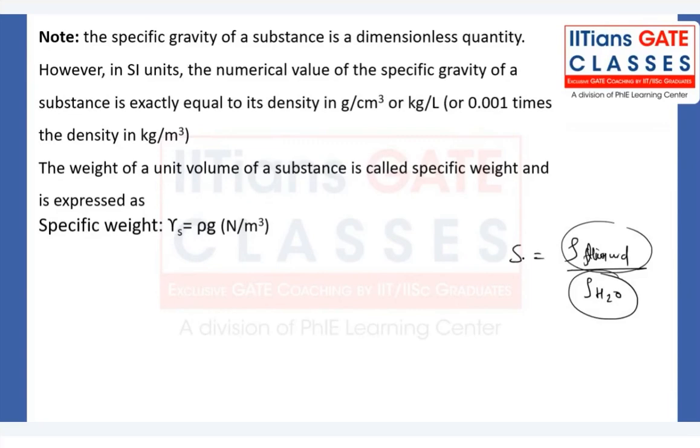However, in SI units, the numerical value of the specific gravity of a substance is exactly equal to its density in gram per centimeter cube or kilogram per liter. Generally, what is the specific gravity of mercury? 13.6, right? Yes or no, guys?